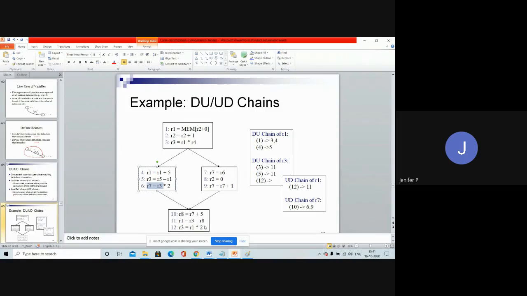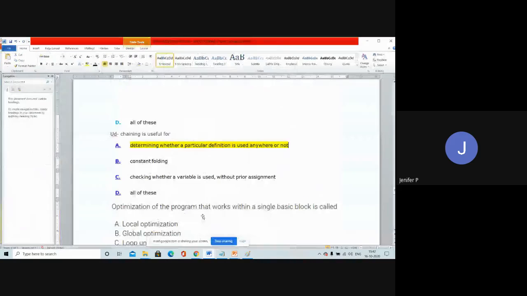So we are dealing with the definitions where it has been defined. 10 is the place where it has been used, and 6 and 9 are where it has been defined. That's why the answer is determining whether the particular definition is used anywhere or not. It will tell you the use of a particular definition.